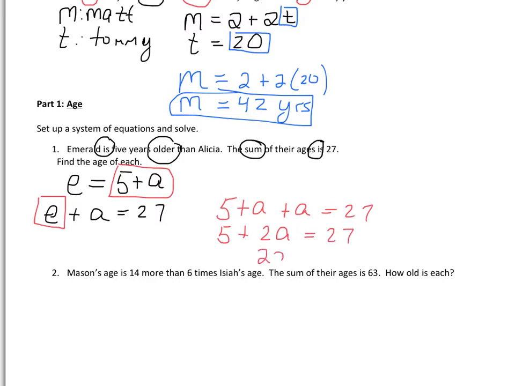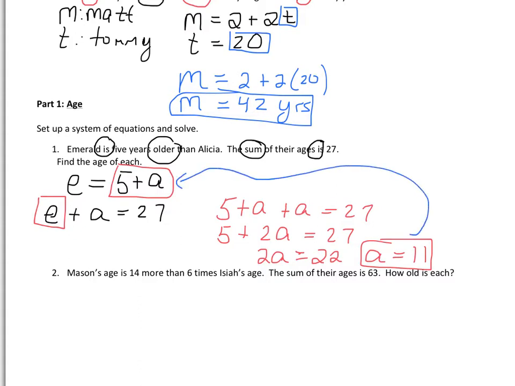Subtract the 5 over, so 27 minus 5 is 22, and then I'll divide by 2. So Alicia is 11 years old. So then we should substitute that back in to the box, and Emerald is going to be 5 plus 11, or 16 years old.